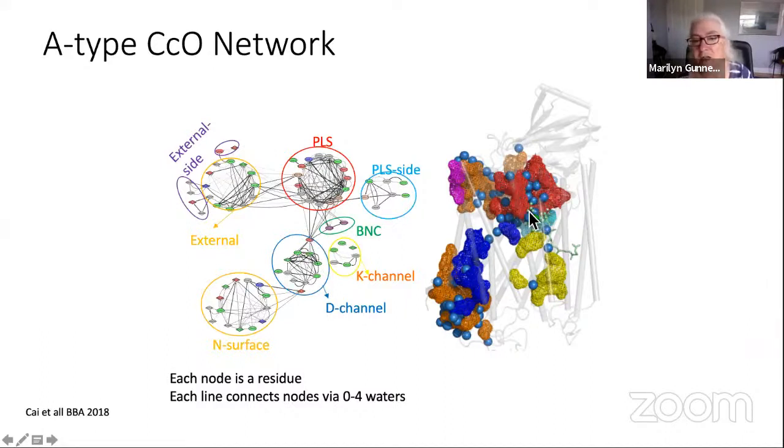This mare's nest here separates into a very tightly entangled group of ionizable and polar residues, another group that's a little bit less entangled, and then goes out to the outside via, again, entangled clusters, highly interacting, with multiple pathways in.